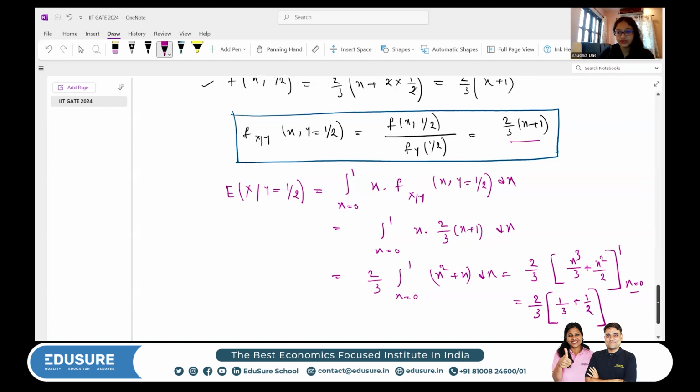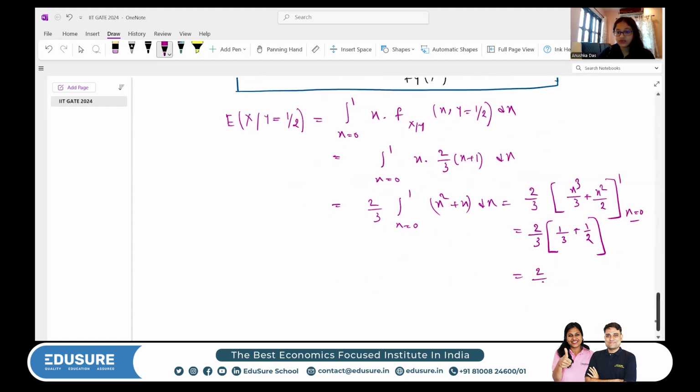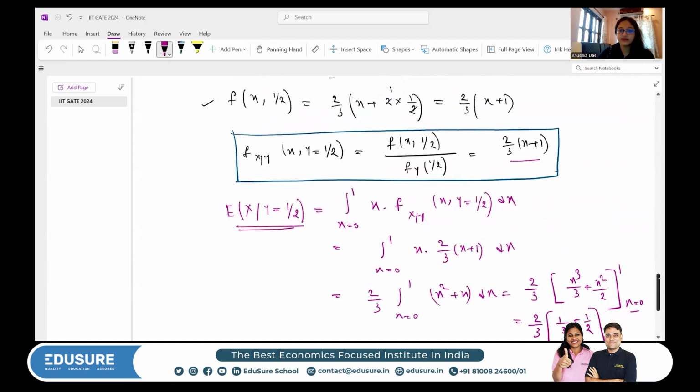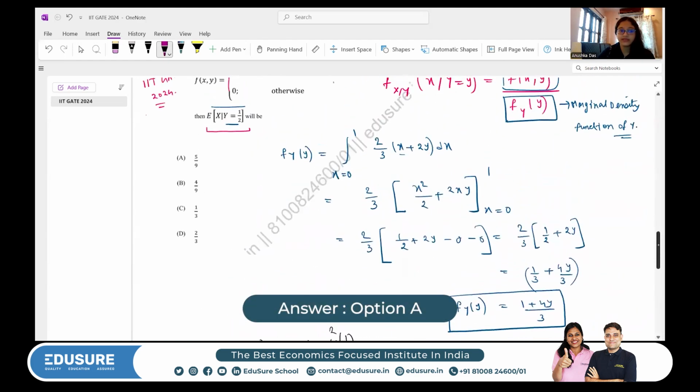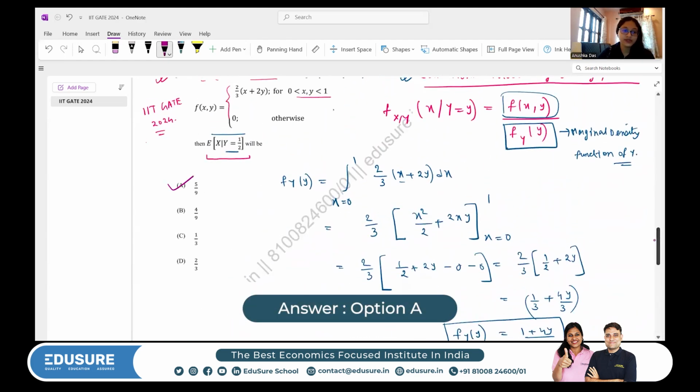We put 0 here. So 2/3 into this will be 3. So you have 5 upon 9. And this will be your expected value of x given y. Let's see the option. So it is option number E.